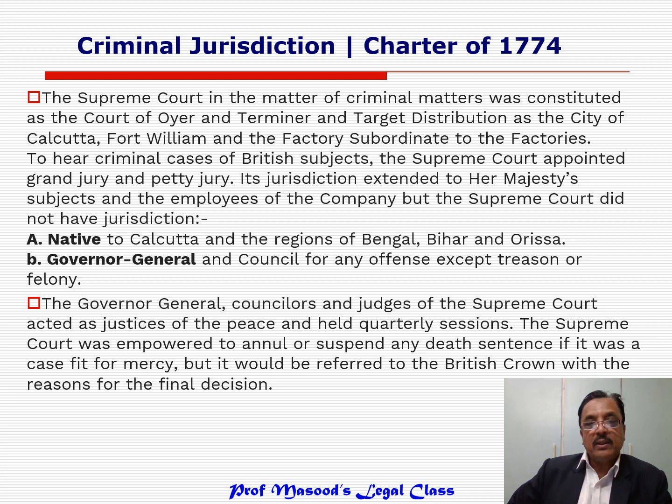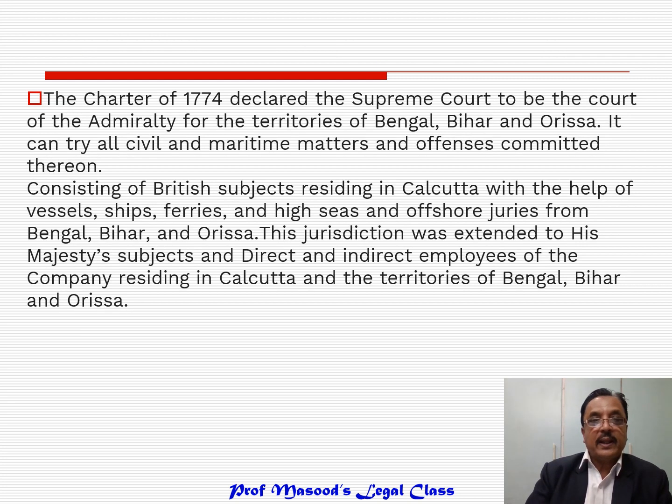The important thing is that in case of capital punishment, the death sentence, even though this is the highest court, it is subject to approval and referral to the British Crown with reasons. The final decision is with the British Crown.